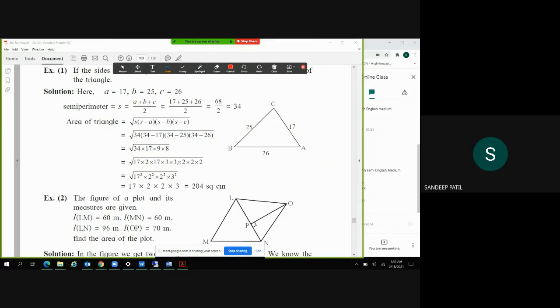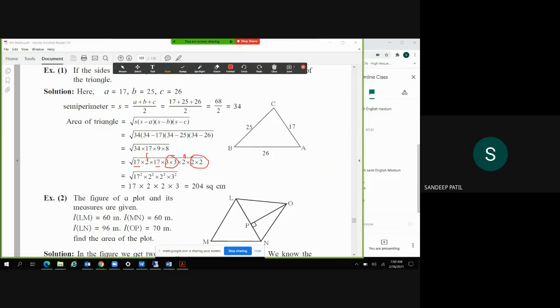So from here we know that we can take the pairs of 17. Then for 2, this is another pair, and this is another pair, right? So this way we can carry out the square root.